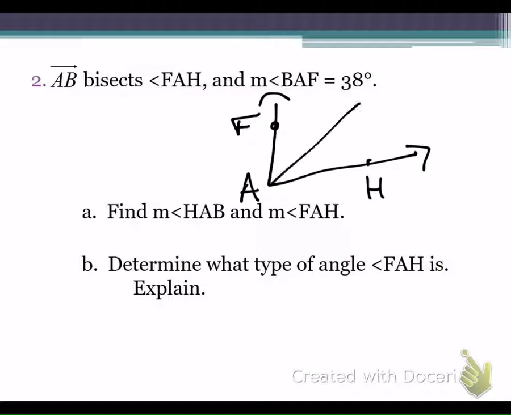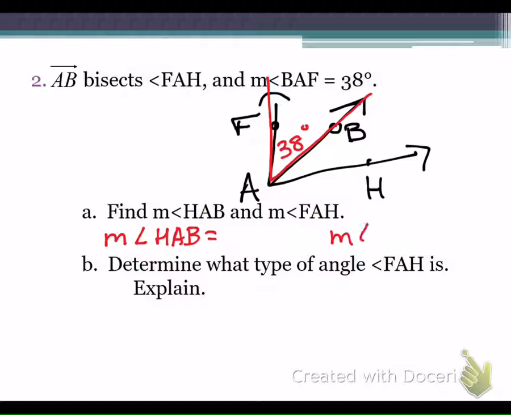So I'm going to start at the A and I'm going to go out through point B. I'm also told that BAF is 38 degrees. Now I want to know the measure of angle HAB, and the measure of angle FAH.